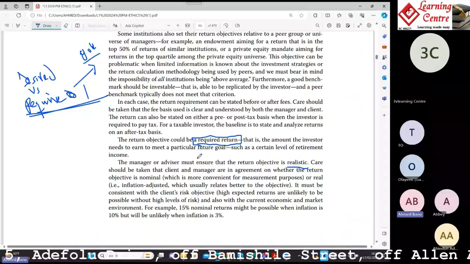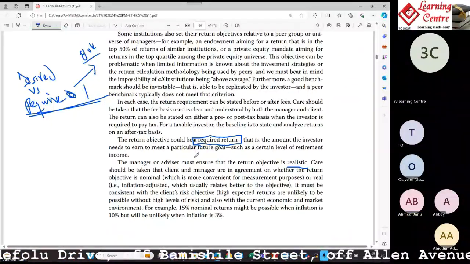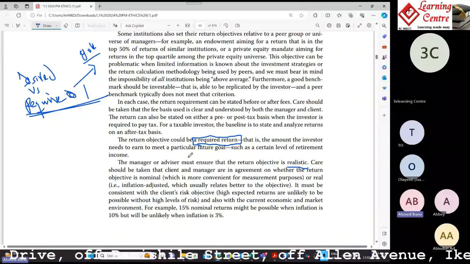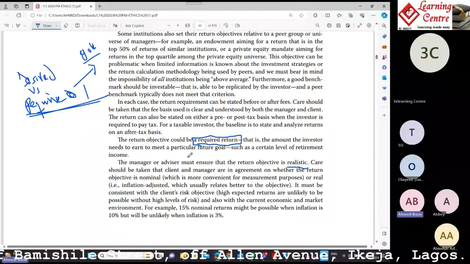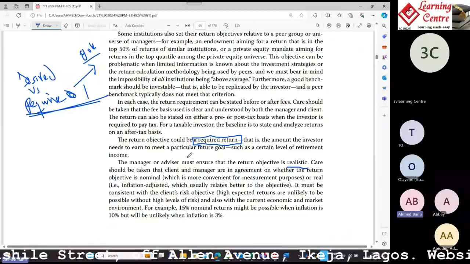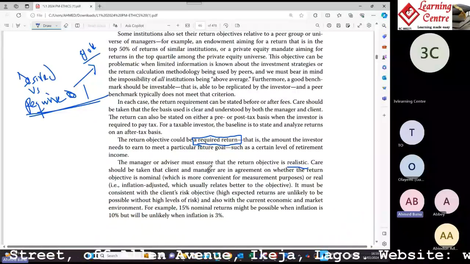And you must also consider your market condition. So somebody comes to you and tells you he wants a 21% return, but there's nothing that is delivering 21% return. So how do I want to give you 21% return?